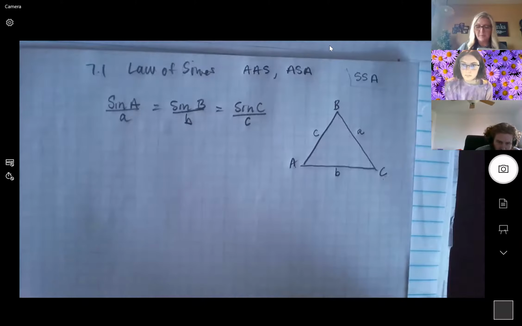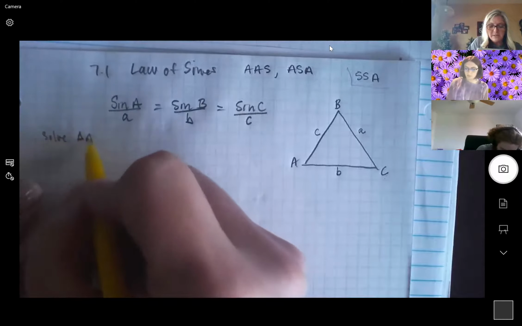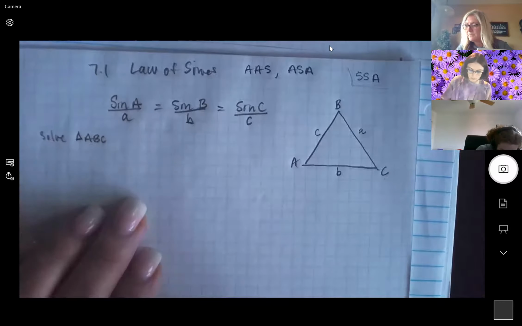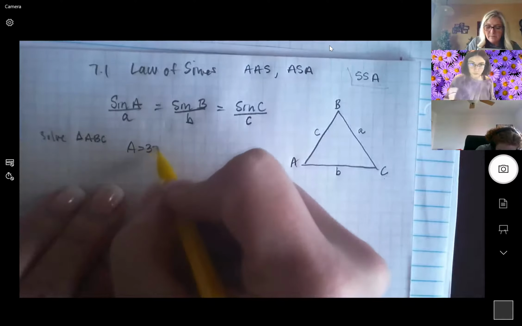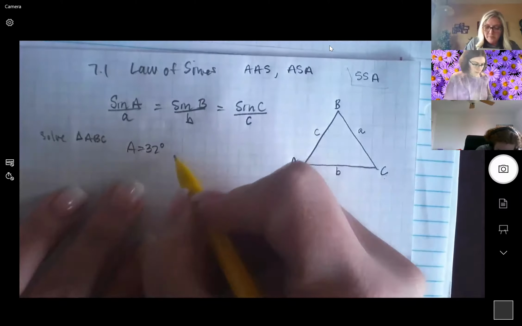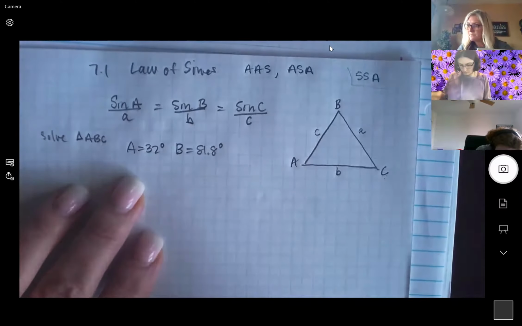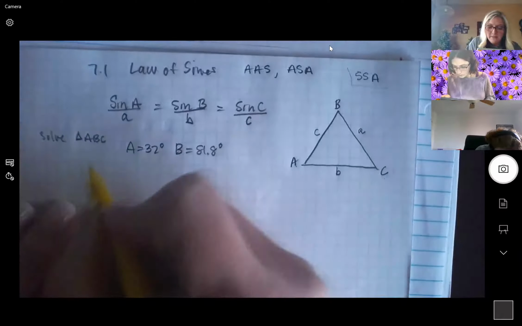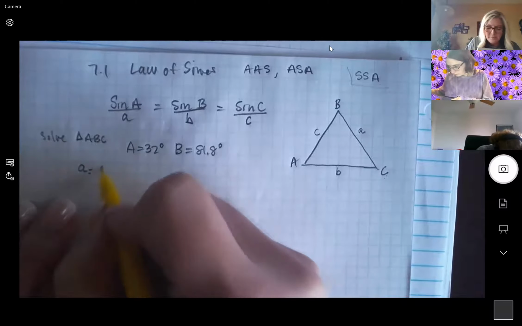So let's do a problem here. We're going to solve triangle ABC, given A is 32 degrees, B is 81.8 degrees, and little a is 42.9 centimeters.